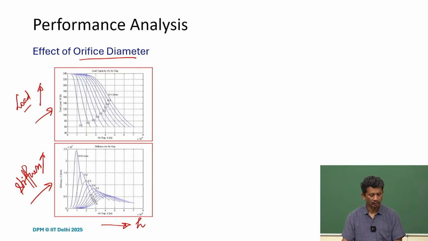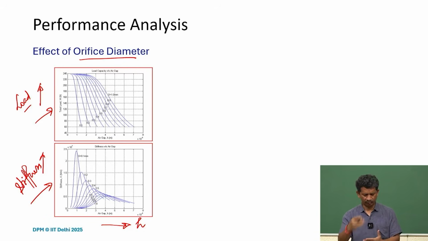So we solve it in MATLAB. We can write a small code. This can be written very easily using Python or any software. Basically we solve those equations, the mass flow rates, which have to be the same, to find the air gap, and then we can calculate the load capacity.